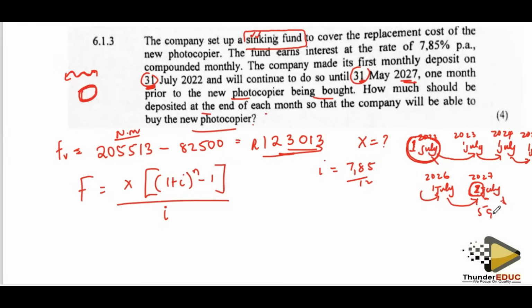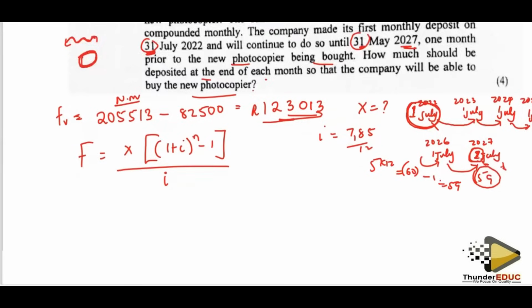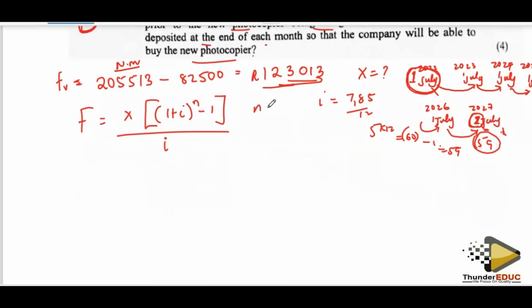Then I'm going to be left with less than 60 months, because we know 5 times 12 is meant to be 60 months. Then I subtract my one, which is going to give me 59 months. Okay, so my n, I'm taking it as 59.